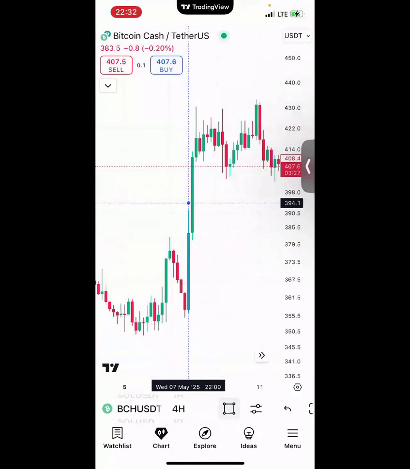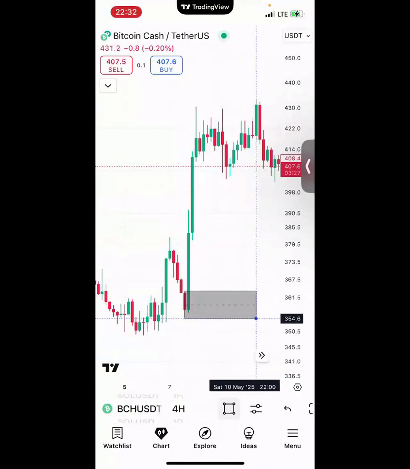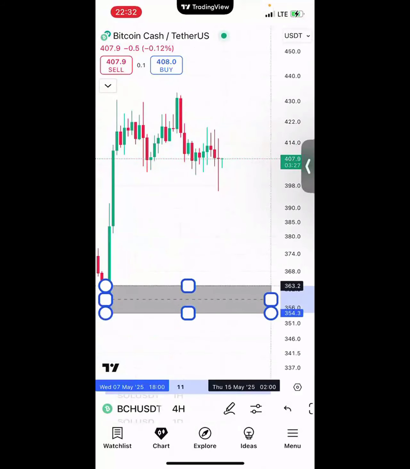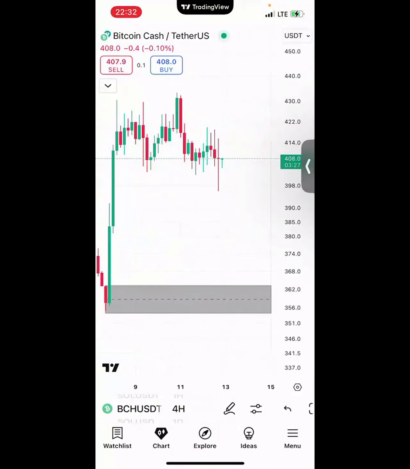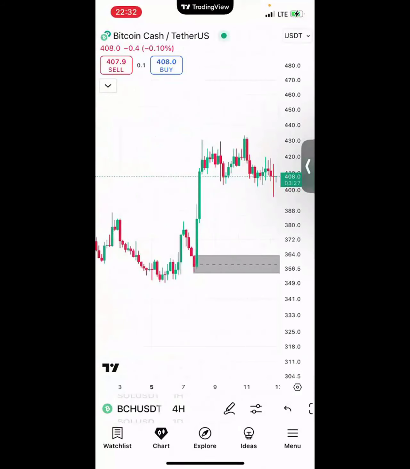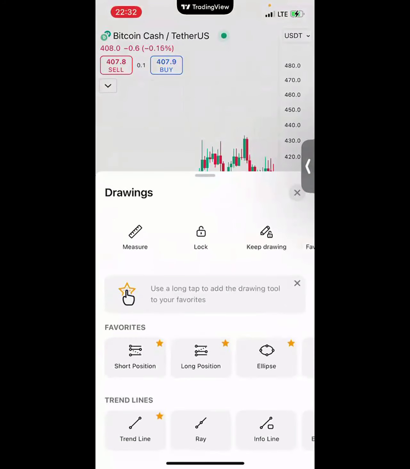So I'll come here and I'll just, but we wouldn't want to take this trade from a higher time frame. We want to use a lower frame that is lower than this. So you can see clearly that you have also your break of structure.